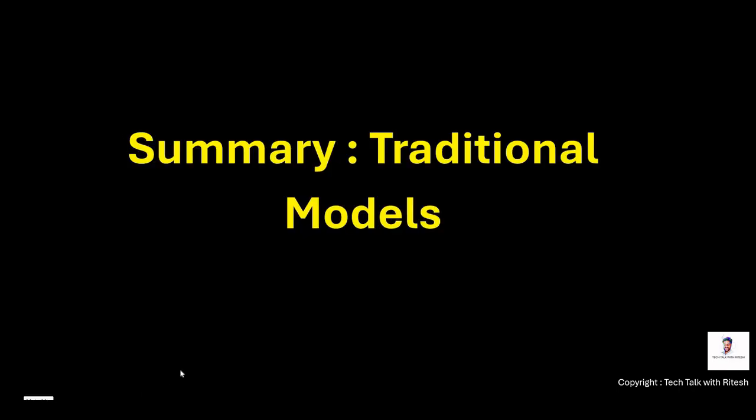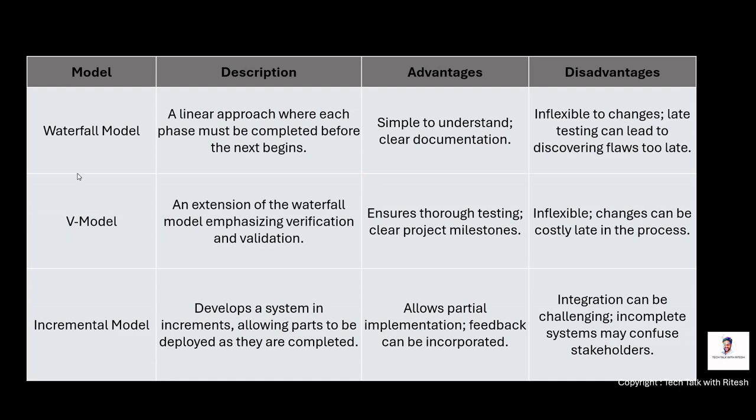Okay, let's see the summary of all traditional models. So we covered the waterfall model, V model, and incremental model, right? The waterfall model is a linear approach where each phase must be completed before the next begins. The V model, an extension to the waterfall model, emphasizes verification and validation, that we have covered.